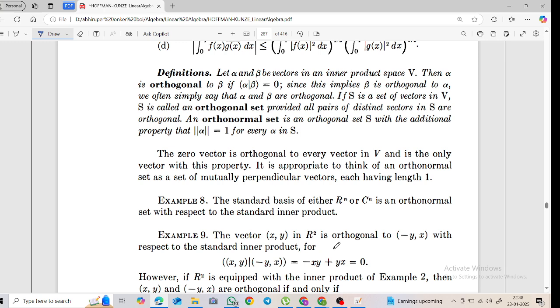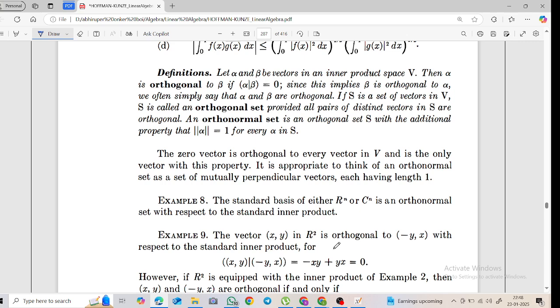The point is to define right angles, or when two vectors are standing normally to each other, or perpendicular to each other.